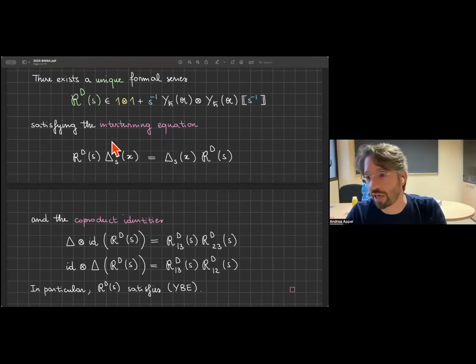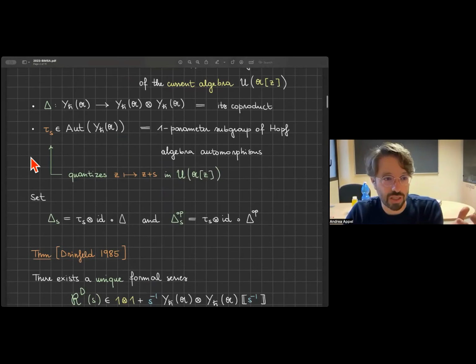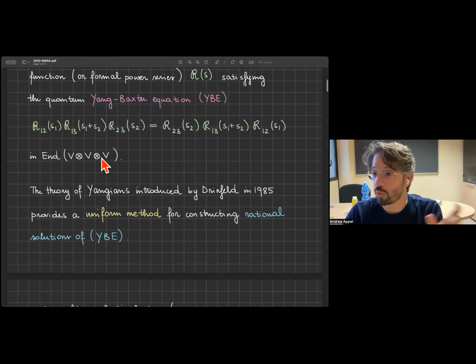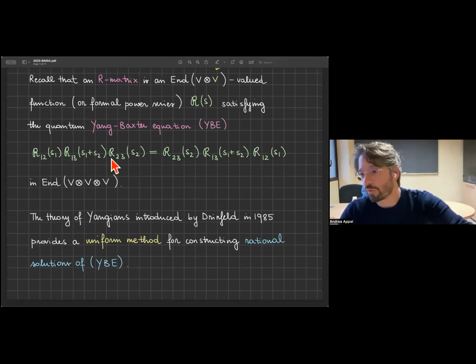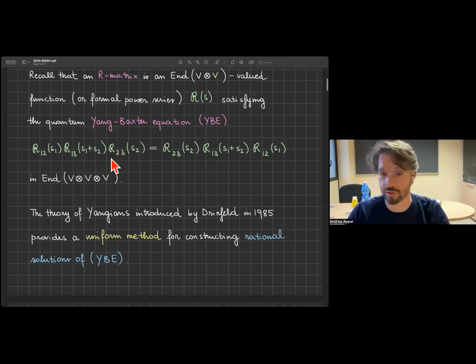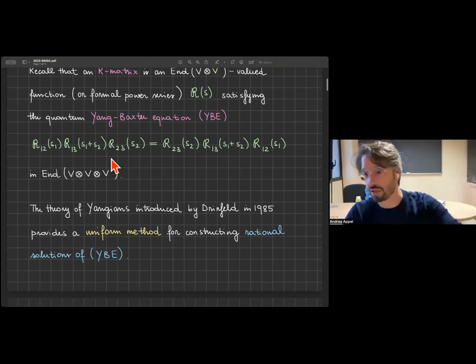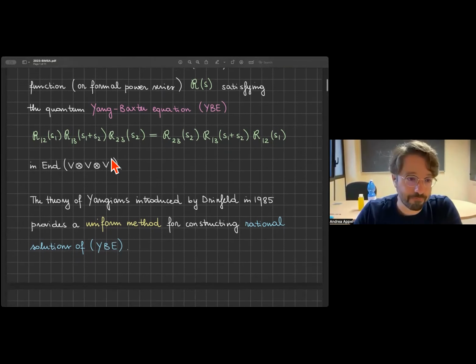And then by combining these two, one gets that this operator R^D in fact satisfies the usual Yang-Baxter equation, which involves here two parameters, s1 and s2. So this is how, in the cabling identities, by shifting one of the legs, one obtains the appearance of the second parameter, and then one can obtain this equation.